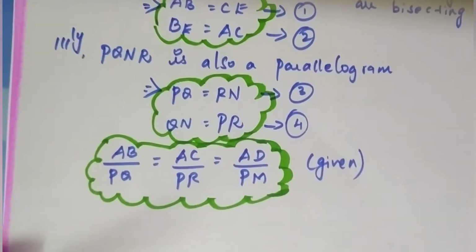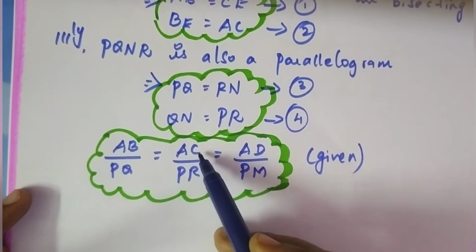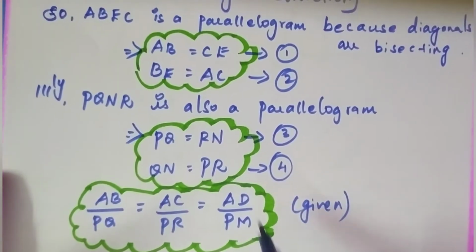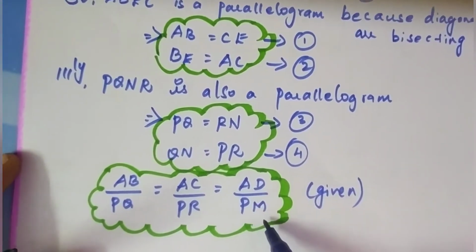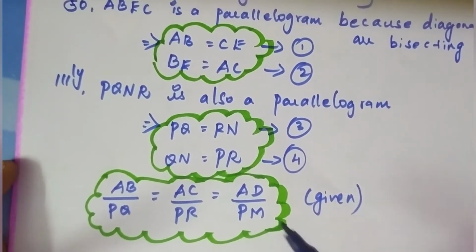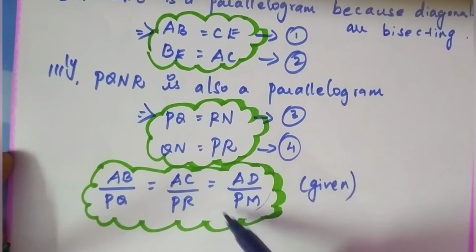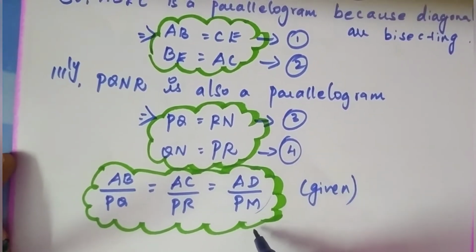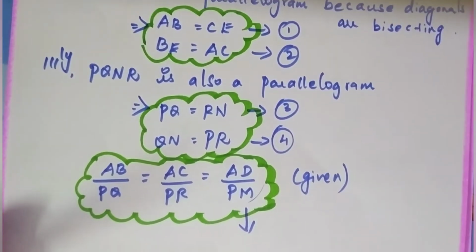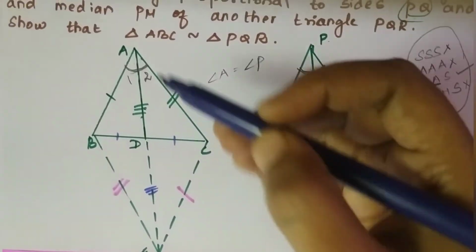So we know that AB divided by PQ, AC divided by PR and AD, the median, AD divided by PM are equal. This median side I am going to change. How can we change this one?